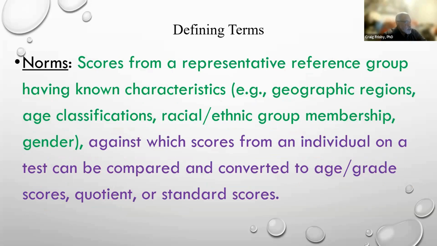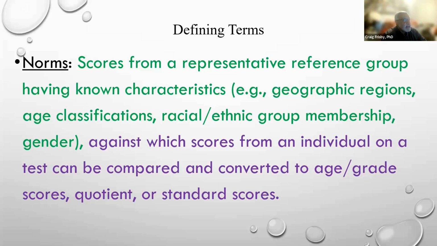Norms are basically scores from a representative reference group that has known characteristics. In other words, we know about the geographic regions they come from, we know about their age, their family characteristics, their socioeconomic status, their racial or ethnic group membership, or their gender.